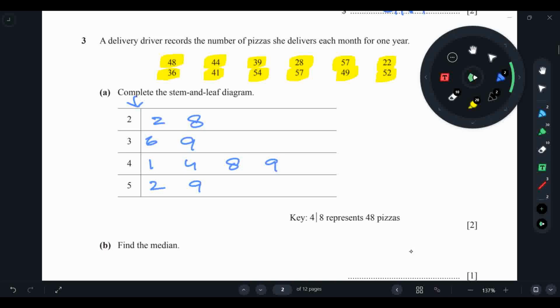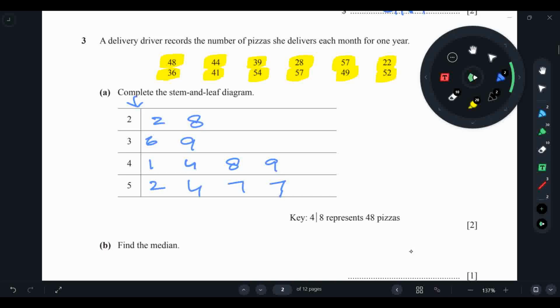Follow the proper order: 52, 54, 57, 57. It's not 59. This is called the stem and leaf diagram. Just follow the pattern also.